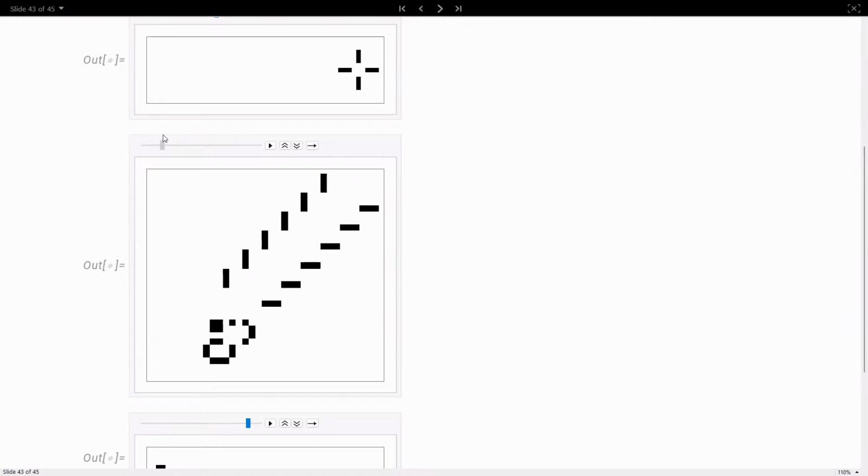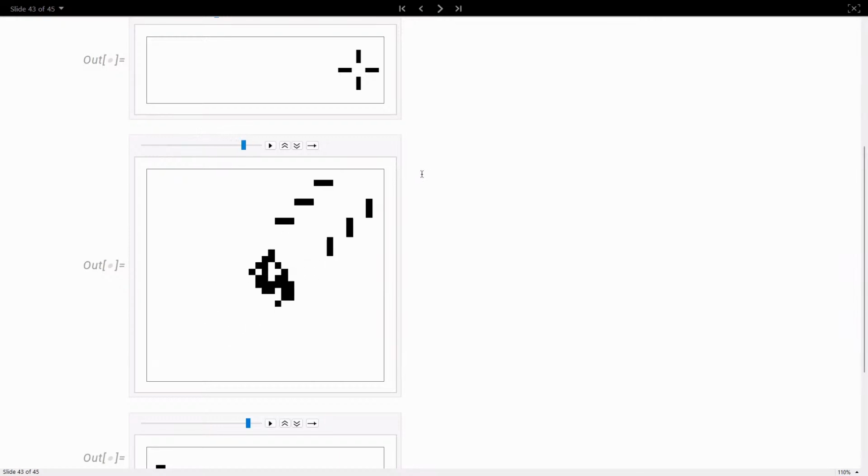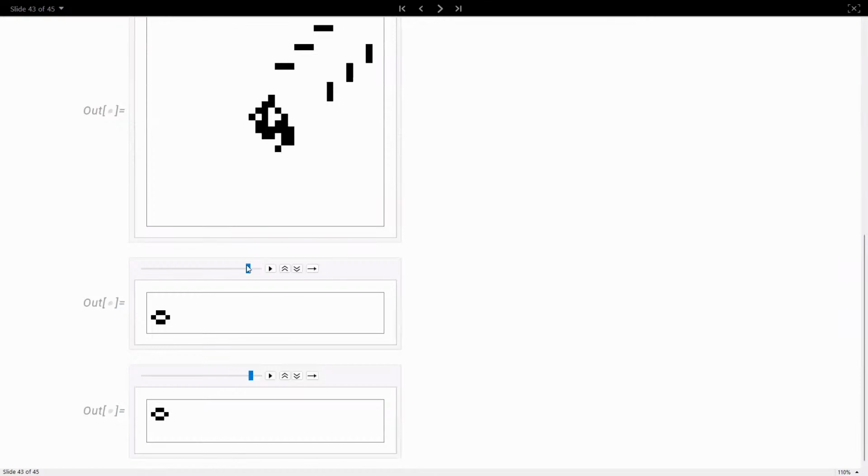This is a wing, I think, eating a row of blinkers. Here we have a beehive eating rows of blocks, and if they're spaced differently, they can also be eaten.